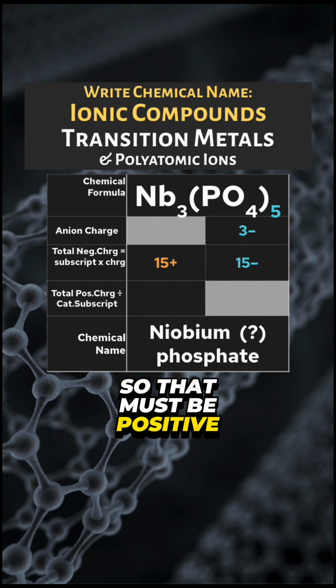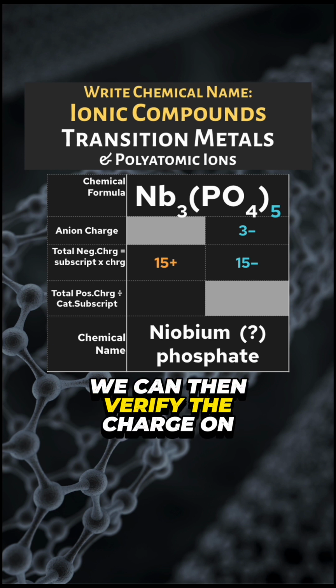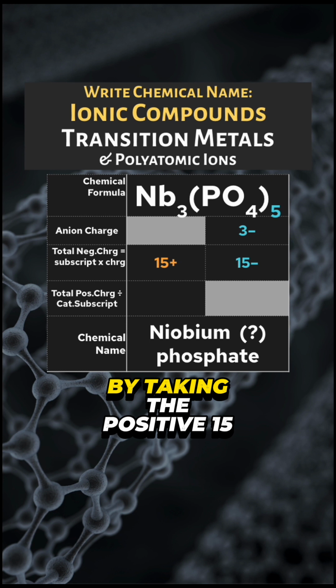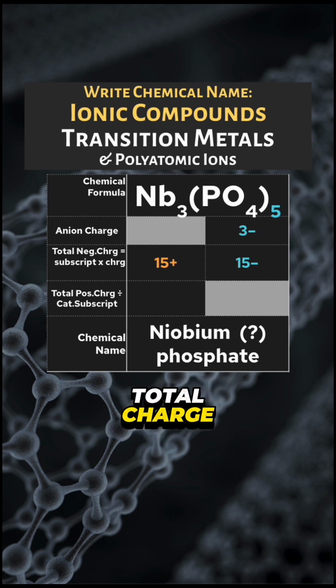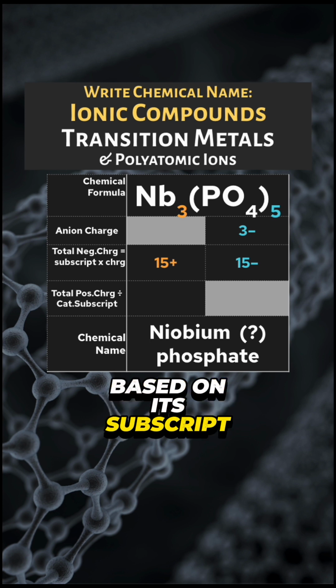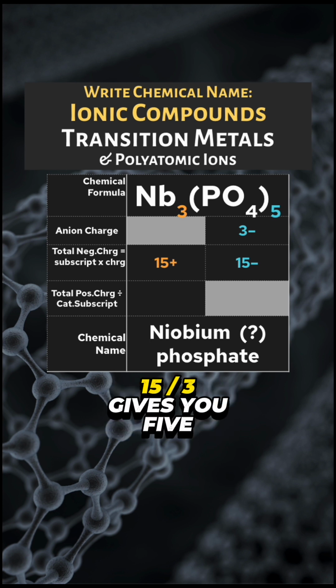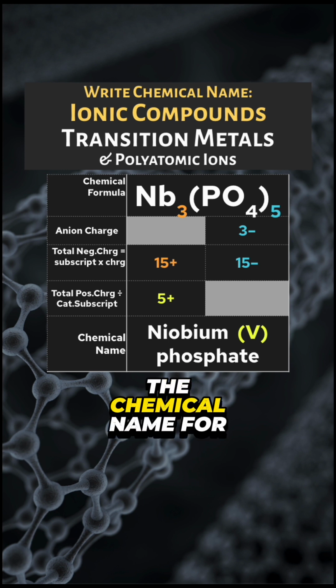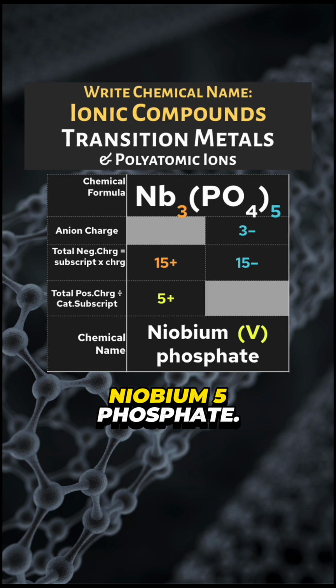So that must be +15. We can then verify the charge on niobium by taking the +15 total charge and dividing it by the number of niobiums based on its subscript, which is 3. Therefore, 15 divided by 3 gives you 5. Therefore, the chemical name for this chemical formula must be niobium(V) phosphate.